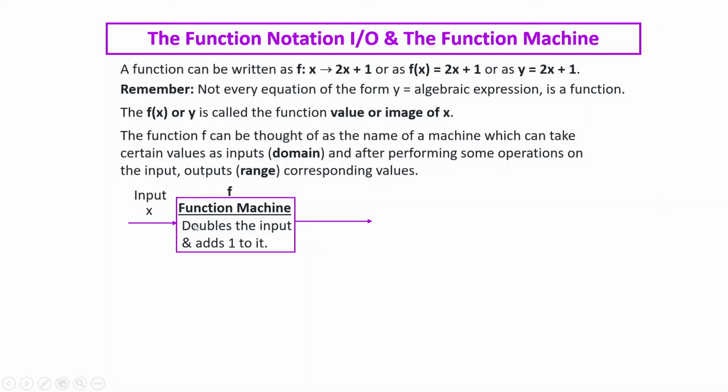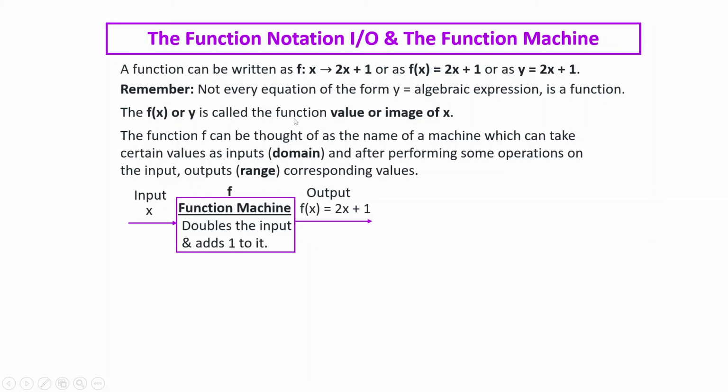Now the function machine has got this variable x. What will it do? It will double the input. Double means multiplying by 2. So it will be multiplying this x by 2 and we get 2x. And it will be adding 1 to it. So it is 2x plus 1, which will be the output from the function machine.